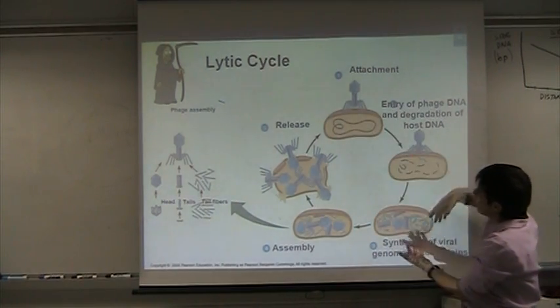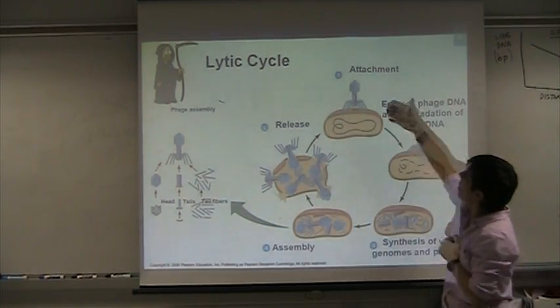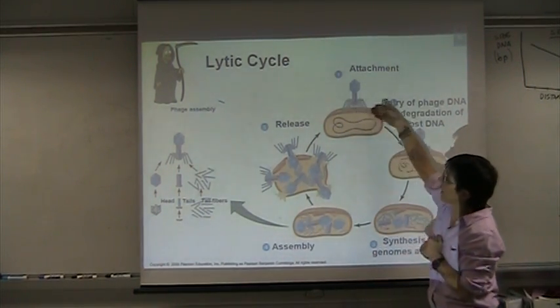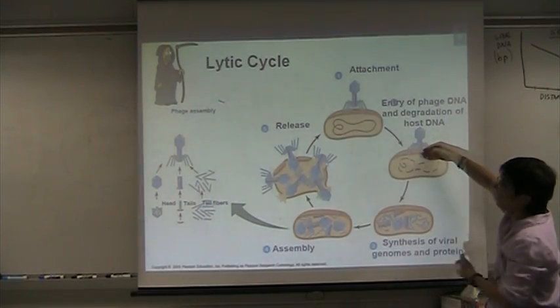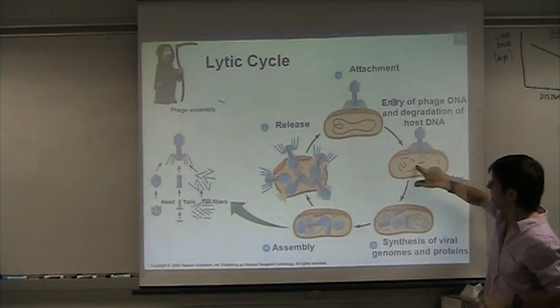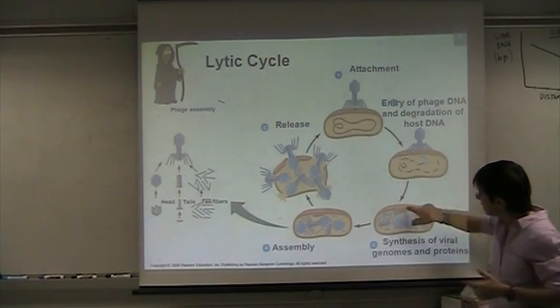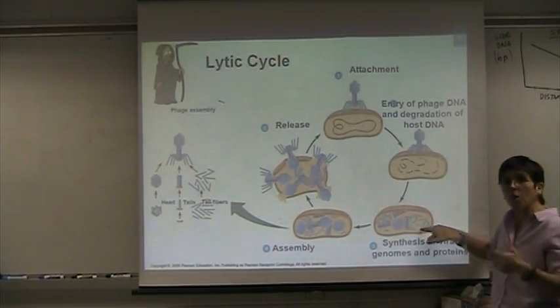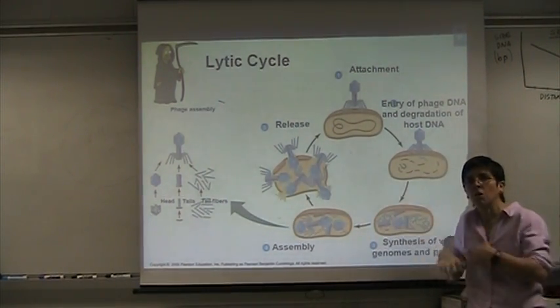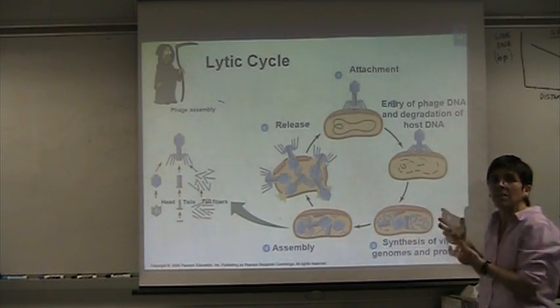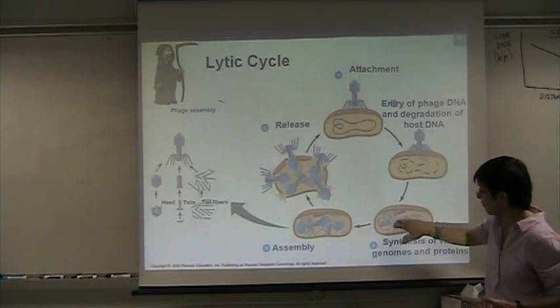So using the model of the bacteriophage, the virus attaches to the bacteria cell, the virus injects its DNA, and then uses the bacterial machinery to make copies of its own DNA and to make copies of all the proteins, basically to do transcription and translation.